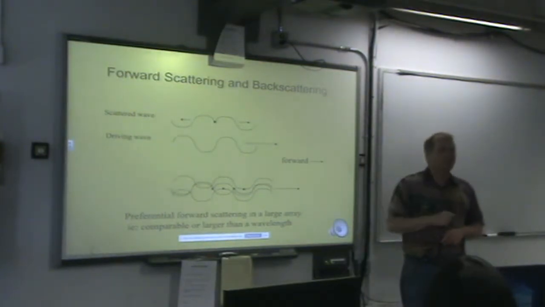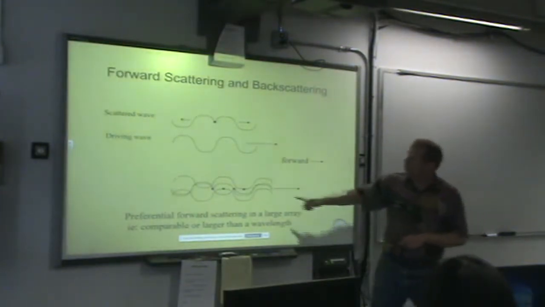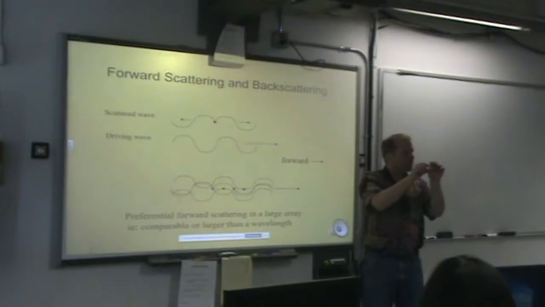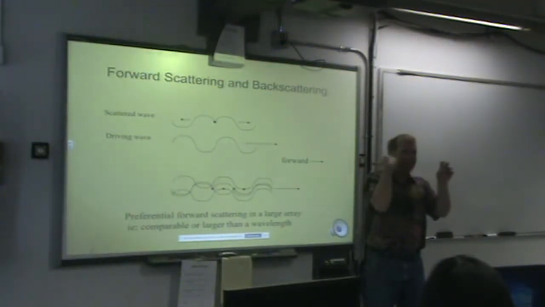Light comes through windows in the forward direction. It's a forward scattering type of thing. If I take the same window and I grind it up into little pieces, so it's like table salt, what happens? If you shine the light on salt, what do you see? Some light is going forward, but it's also going back. It's going in all different directions, isn't it?